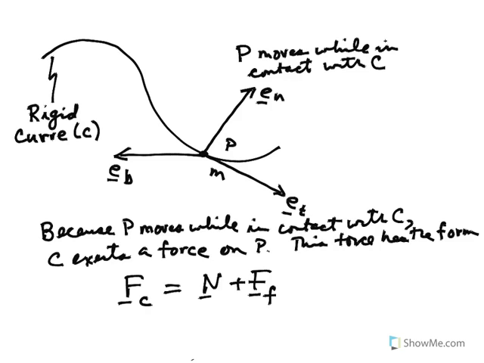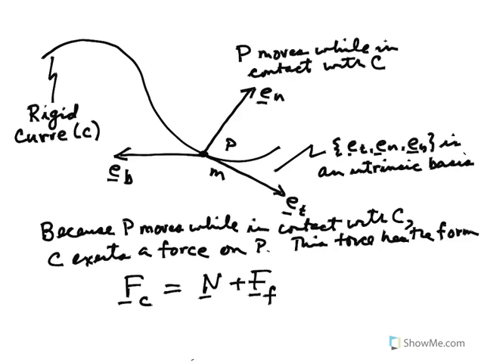So this basis, which I've drawn, ET, EN, EB, is an intrinsic basis relative to the curve C. And I'm going to use that intrinsic basis to define the forces, but I'm going to define them in the opposite direction from the way I defined them before, meaning I'm first going to define the friction force, then I'm going to define the normal force.